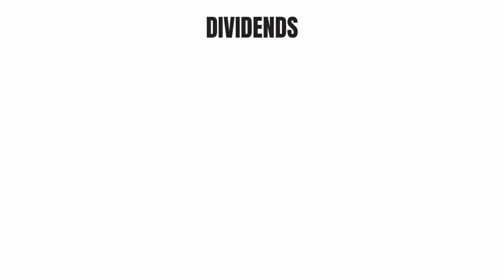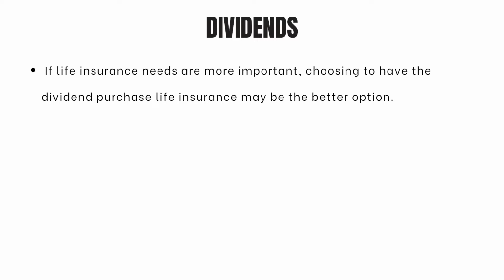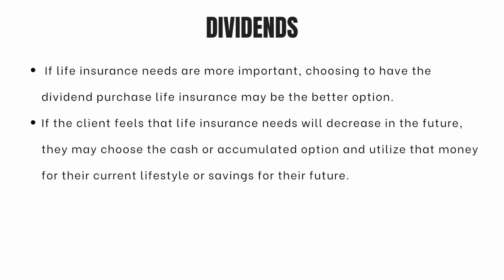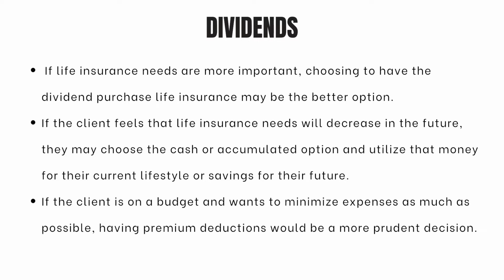For example, if the life insurance needs is more important, choosing to have the dividend may be the better option. If the client feels that life insurance needs will decrease in the future, they may choose the cash or accumulated option and utilize that money for their current lifestyle or savings for their future. Or if the client's on a budget and wants to minimize expenses as much as possible, having premium deductions would be a more prudent decision.